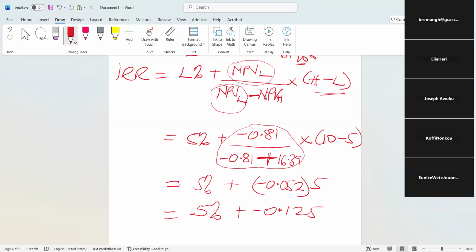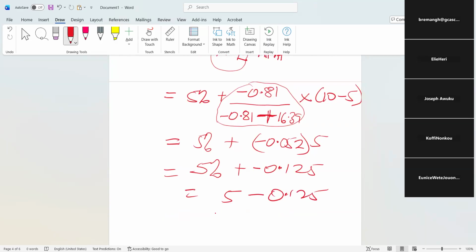Please don't put this one in percentage or divide it by 100. I've seen some students, when they are calculating, convert this 5 to 5 over 100. Please don't do that. Take it as an absolute figure, 5. So at the end of the day, it's like saying 5 minus, since positive and negative meet to become minus.